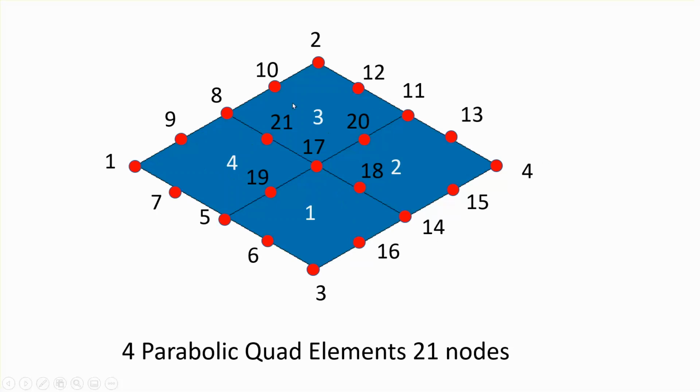The reason I initially did that was because the results in Reddy's book are actually from a mesh like that. When he presents his finite element results, it is using a mesh of this type. So we have four elements, parabolic in nature.